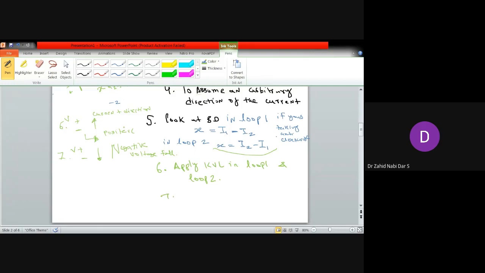Seventh point, get algebraic equations and solve the values. That is it. These are the 7 steps that you have to apply, and you can solve a problem. This is basically the first circuit. The sum up of the first module is this only. In these steps you can get around 20-25 marks.